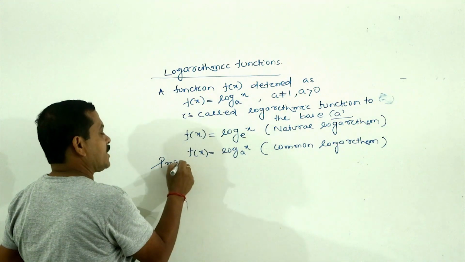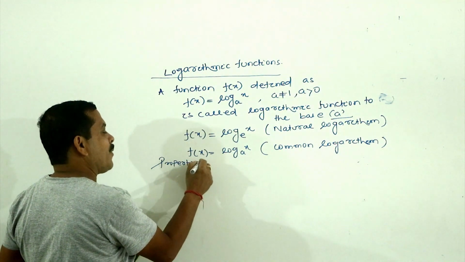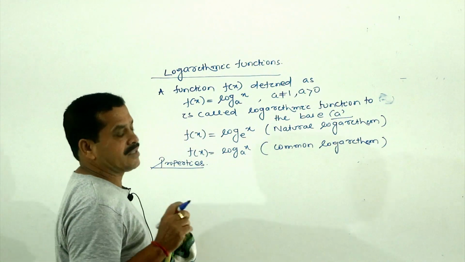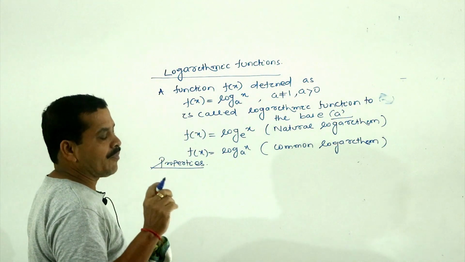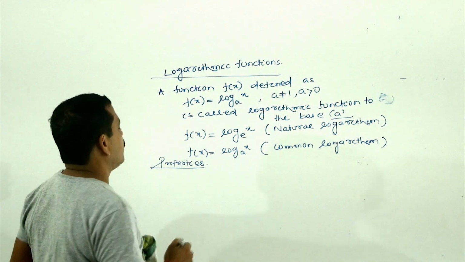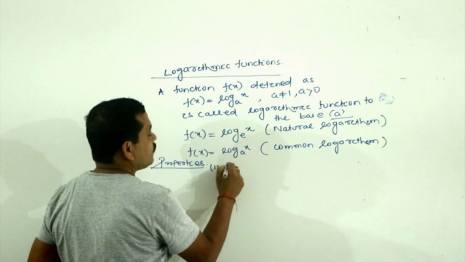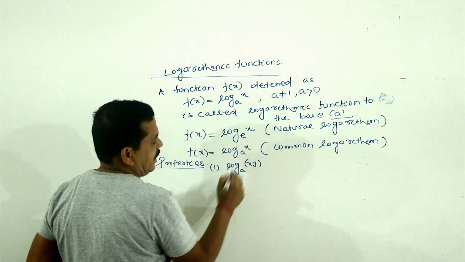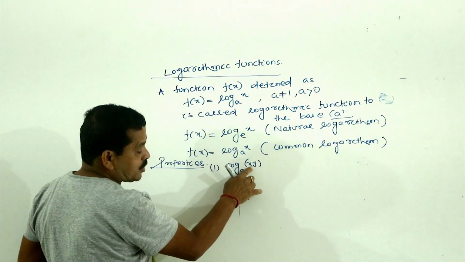Fundamental properties: you have to just remember the properties and use them in other chapters. It is very essential. You have to remember the properties of logarithmic functions. First, log xy base a. You have to read it as log xy base a.